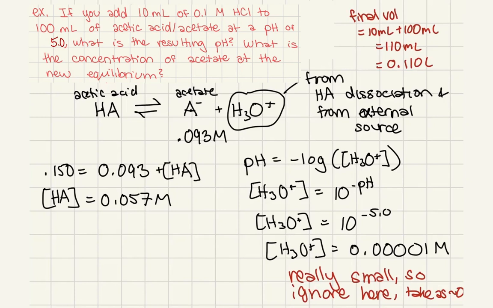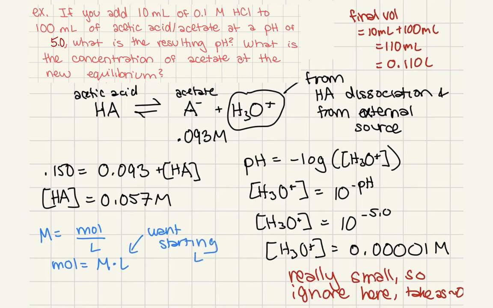So how many moles of these do we each have? Let's think about how we are going to convert between our molarity and our number of moles given the volume. We know that our molarity is moles per liter, and we want to find moles. So we have moles equals our molarity times our liters. And in this case, the liters we're dealing with is the starting liters, because that's where this 150 millimolar was calculated from.